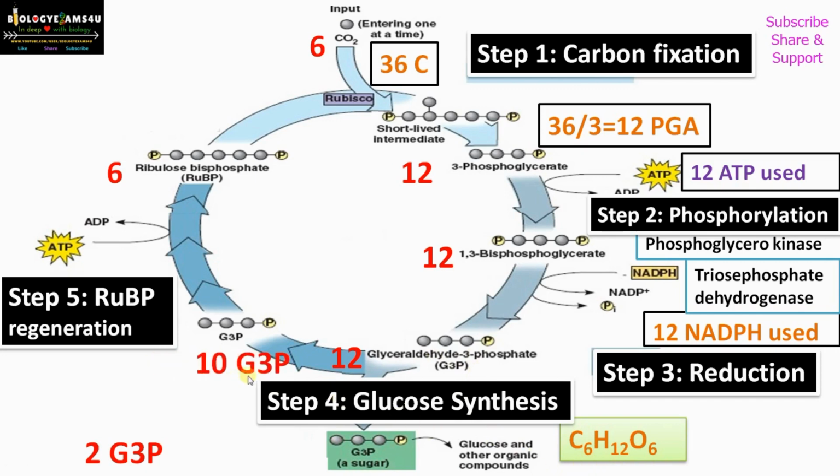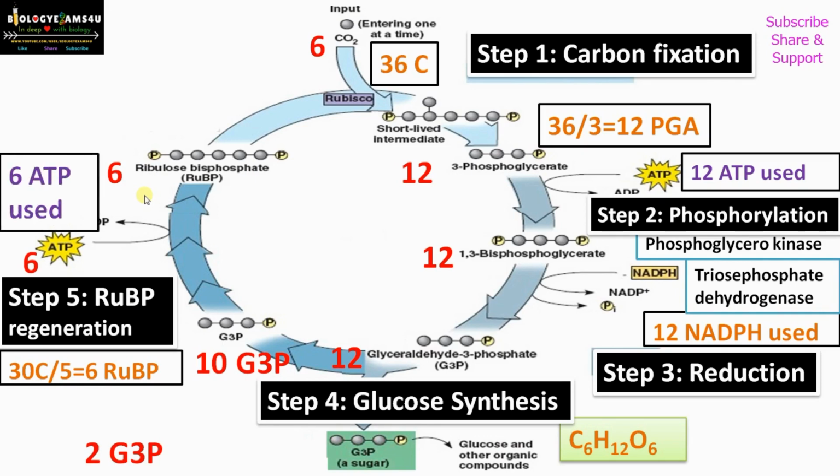Now we have 10 glyceraldehyde 3-phosphate molecules, and that is used for regeneration of RuBP. 10 glyceraldehyde 3-phosphate, that is 30 carbon, will form 30 by 5. RuBP has 5 carbon, therefore it will regenerate to form 6 RuBP, thus completing the cycle. Here also 6 ATP is utilized for regeneration.